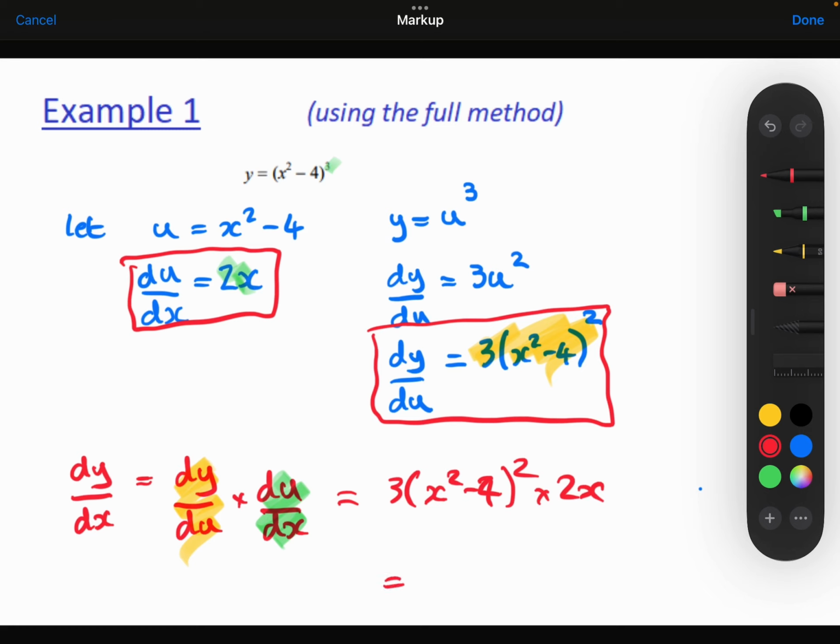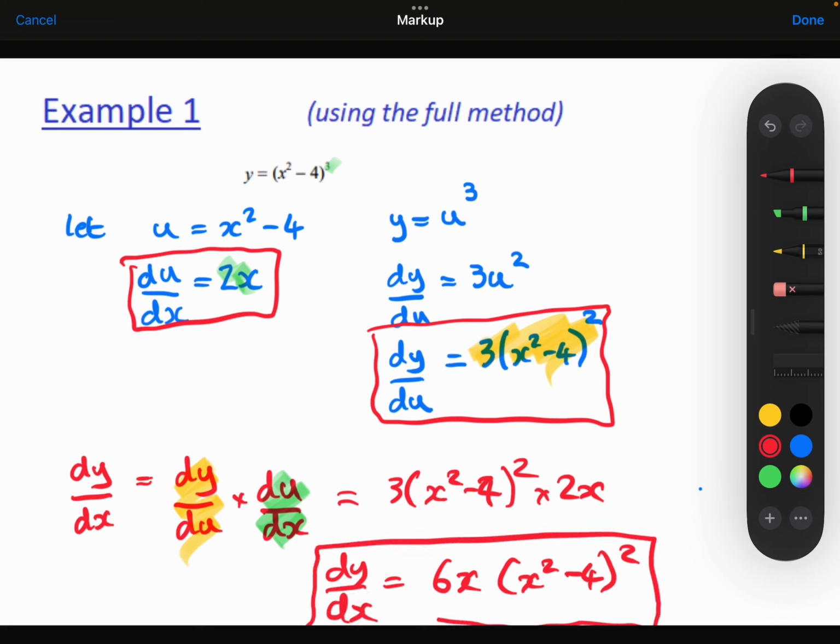And then I can simplify a little bit because the 3 times the 2x is 6x. And I've got the x squared minus 4 squared. And that is my gradient function. So that's me doing the chain rule, the long full method.